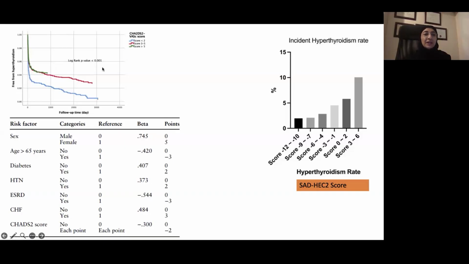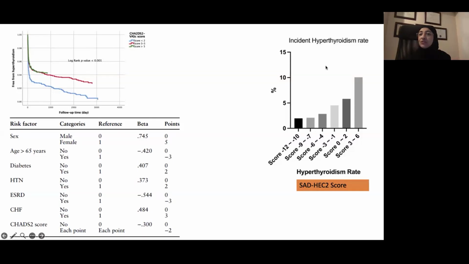If you look here at the top left corner, a CHADS score of over 3 was correlated with hyperthyroidism. However, a CHADS2 score less than 3 was correlated with being free from hyperthyroidism.